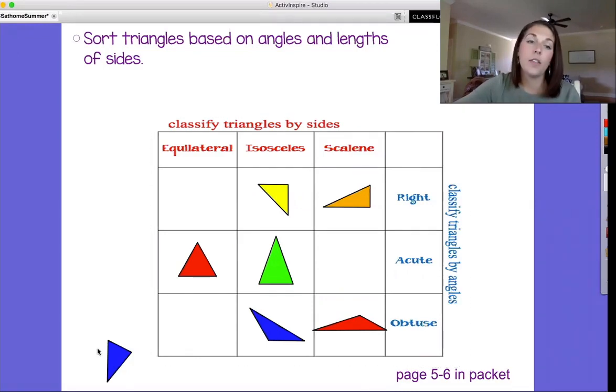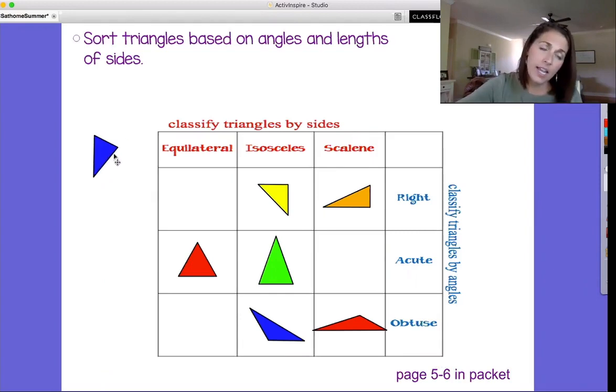Okay, so the last one we're going to classify, it looks to me like these 2 sides are pretty close, but I don't think they're the same length because I have this little bit of a diagonal here on the top. So I think that this triangle could be classified as scalene because there are no equal sides.